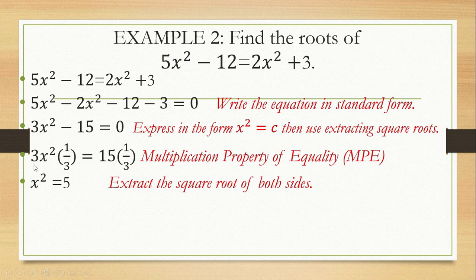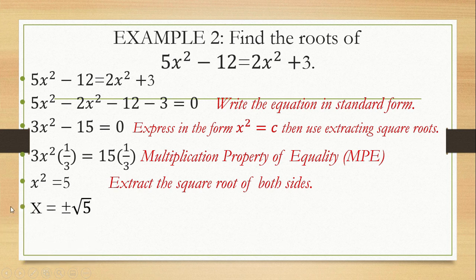Why? Because 3x squared times 1 is 3x squared, over 3 is x squared. Then 15 times 1 is 15, divided by 3 is 5. That's why we have x squared equals 5.